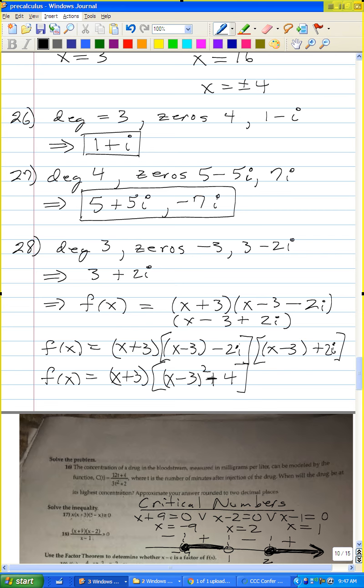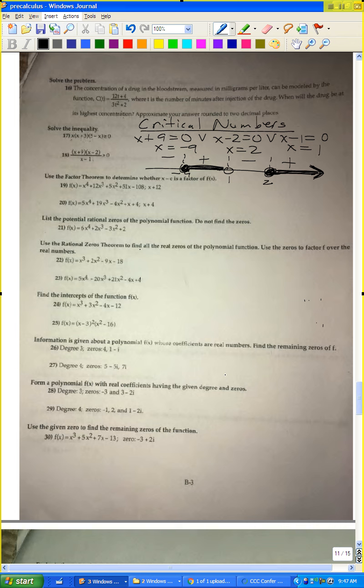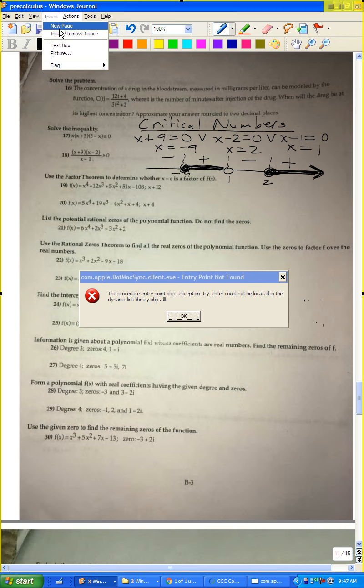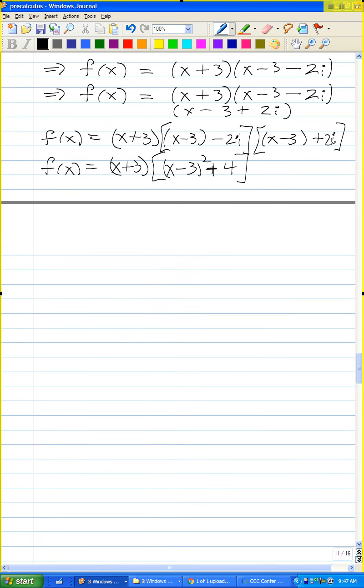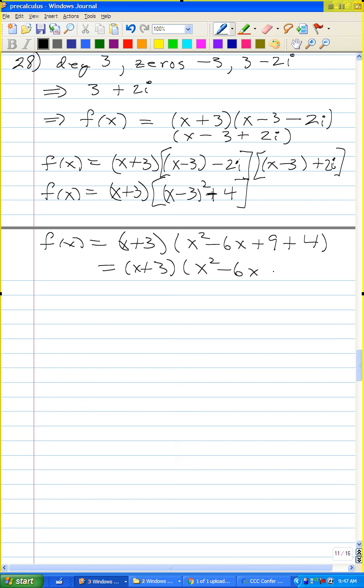Therefore, negative i squared is a plus 1. And so I have f of x is equal to x plus 3 times x squared minus 6x plus 9 plus 4, x plus 3 times x squared minus 6x plus 13.